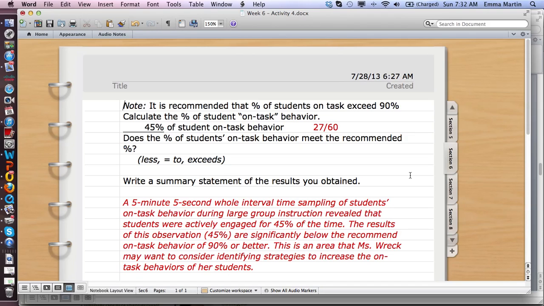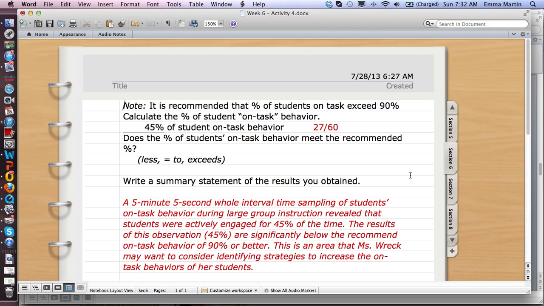Remember that your summary statement shares a descriptive definition and information about the behavior. So: 5-minute, 5-second whole interval time sampling of student on-task behavior during large group instruction.